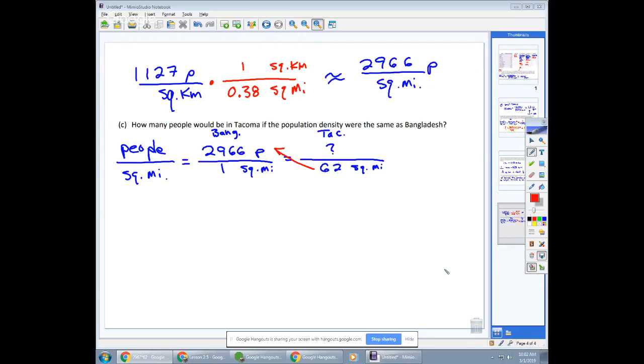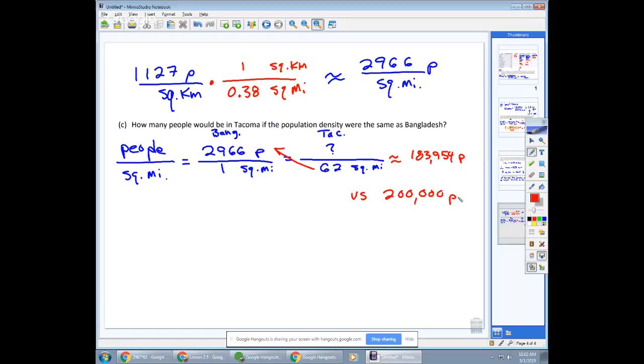Because of our nice rounding earlier, this works out pretty nice. 183,954 people would have to live in Tacoma. Currently, Tacoma has 200,000. So versus 200,000 currently.